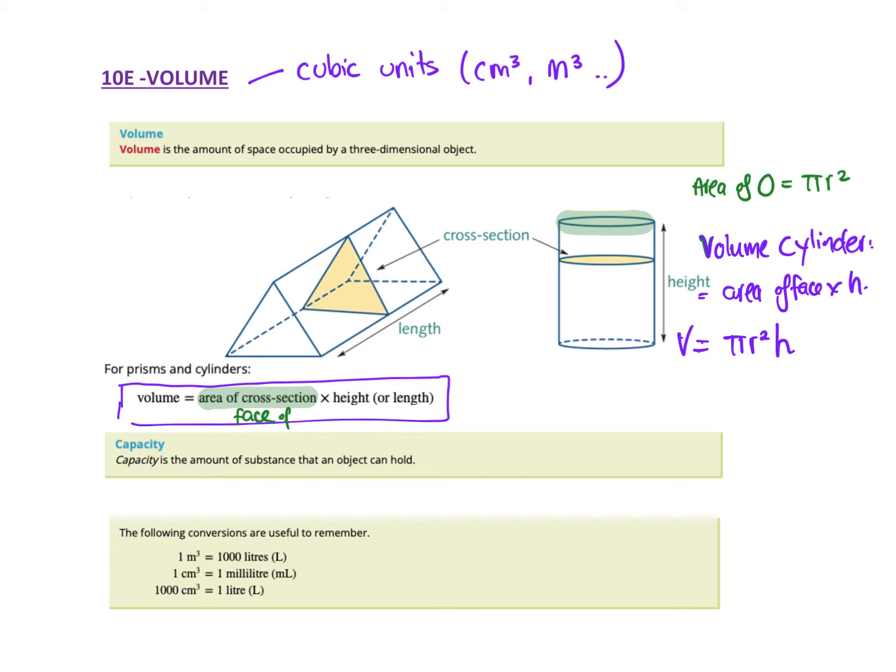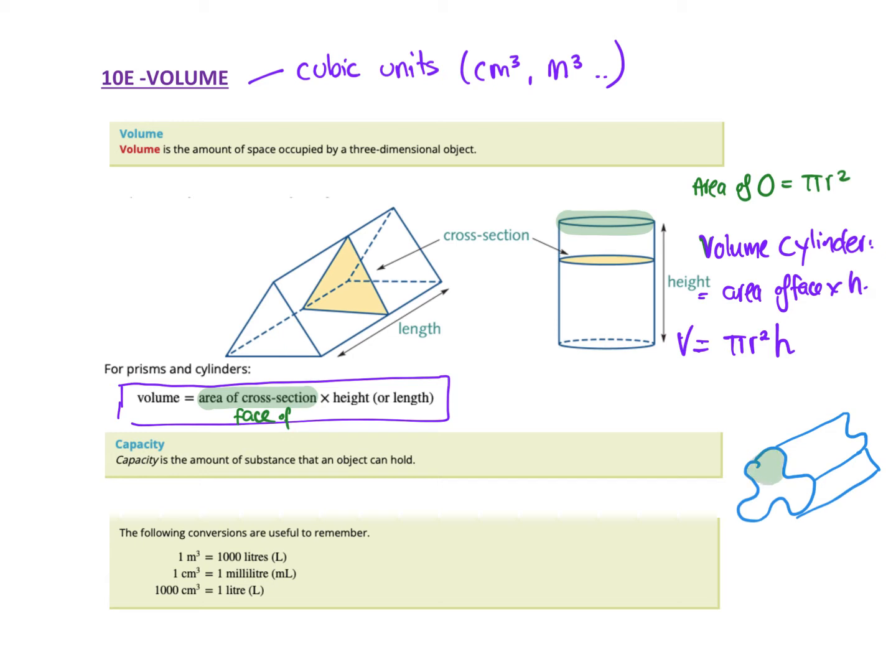If you get in your books a funny shape, sometimes they do something like this, and then they'll say it extends out or whatever, like that. But what they'll do is give you the area of the face.